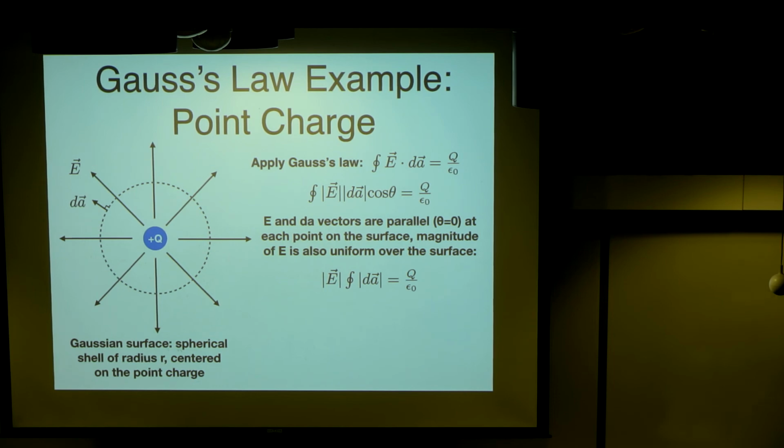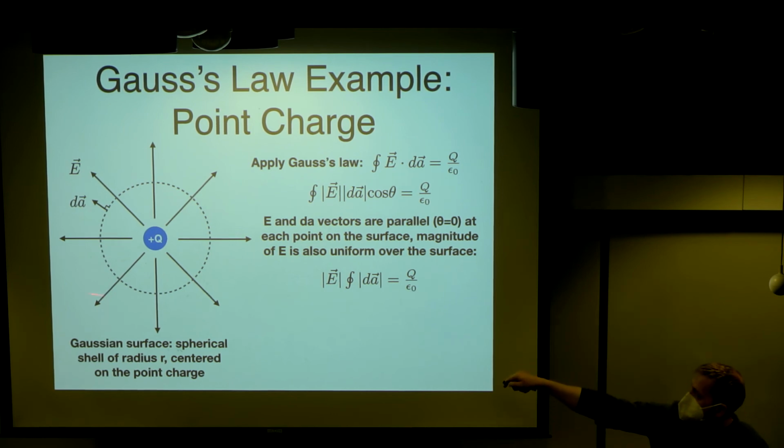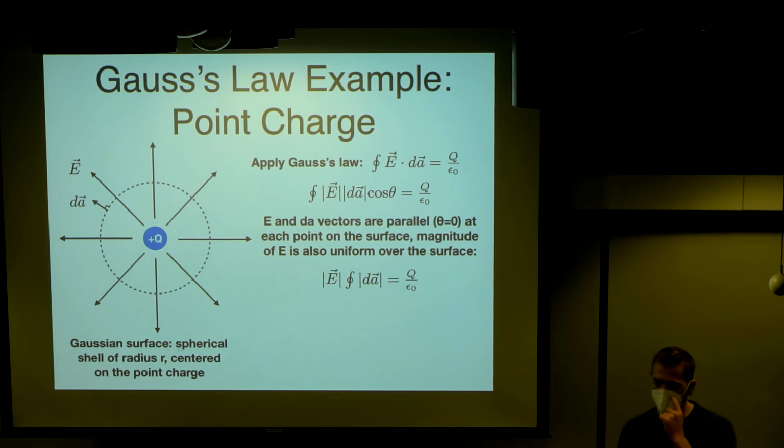Because the E and dA vectors are parallel to each other at each point on this surface, meaning theta is equal to 0, we can plug in cosine of 0 right here, and that gives us 1. Cosine of 0 is 1, if you remember. We also know, because the E field is spherically symmetric, that its magnitude is going to be the same at every point along this surface.